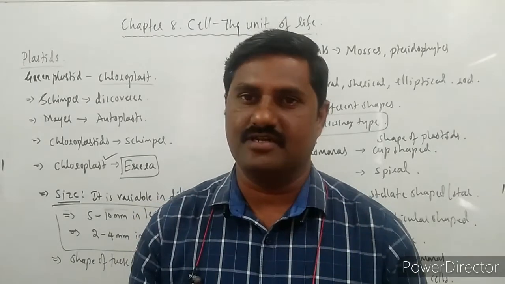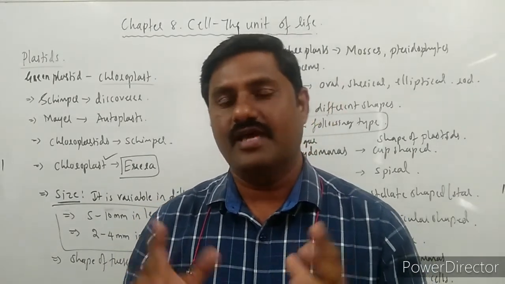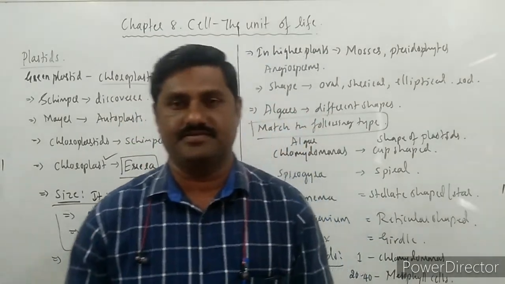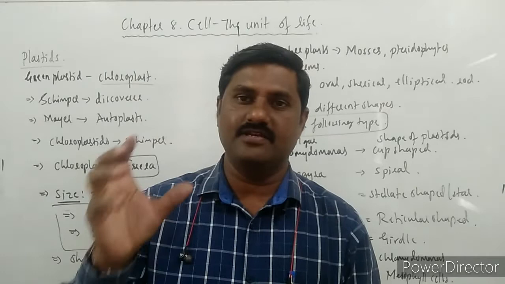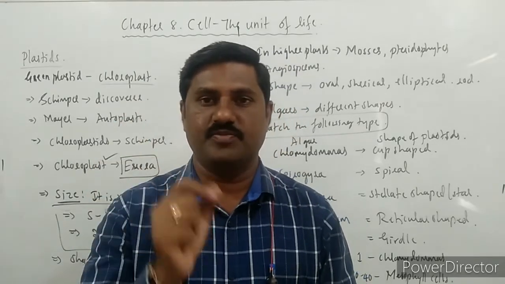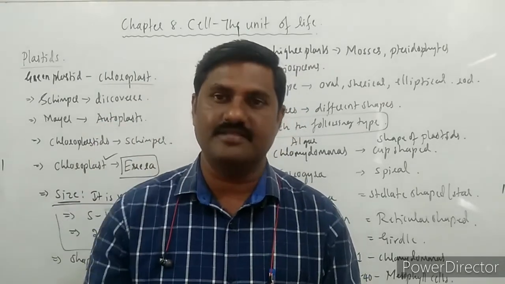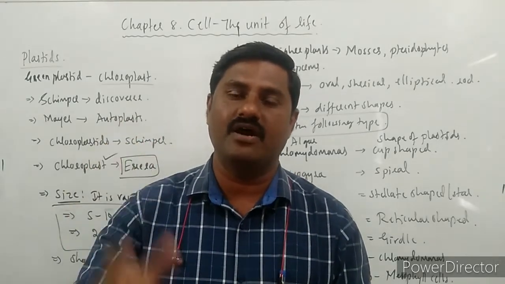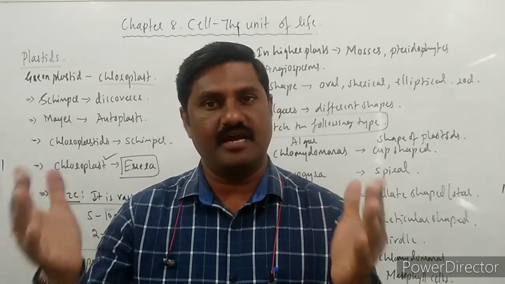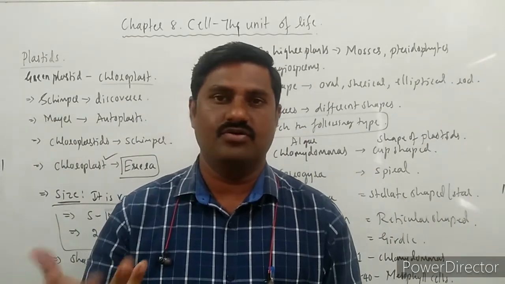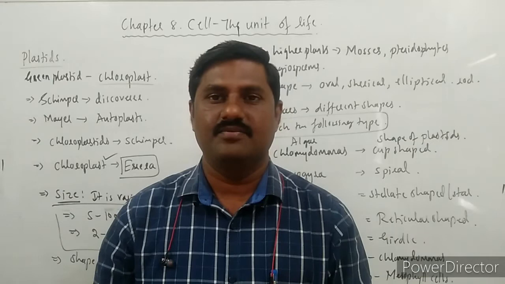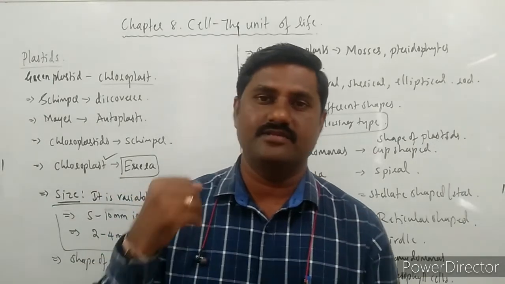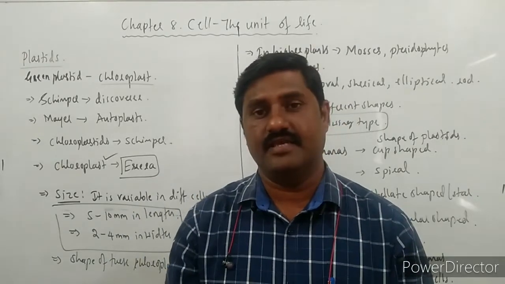The number of plastids depends on the region they are present in. If the region of the plant body is responsible for photosynthesis, that region mainly consists of many chloroplasts. If there are fewer, less photosynthesis takes place. If they are absent, then there is no photosynthesis.